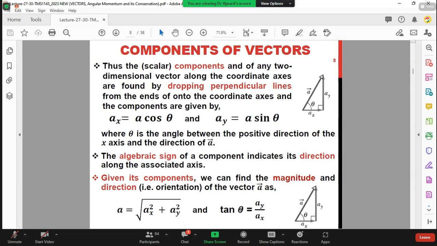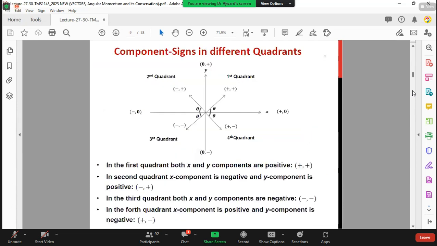So if you know the tan theta, you can find the theta by taking the inverse tangent. Any questions up to now? No? If you have questions, you can just type them in the chat box.